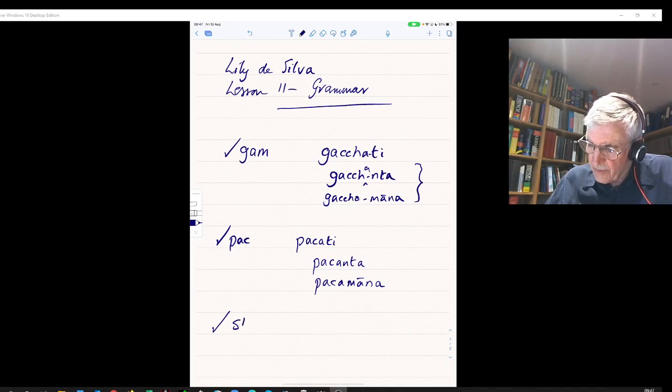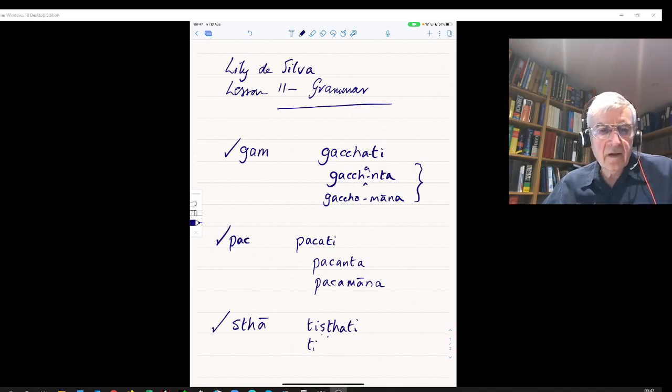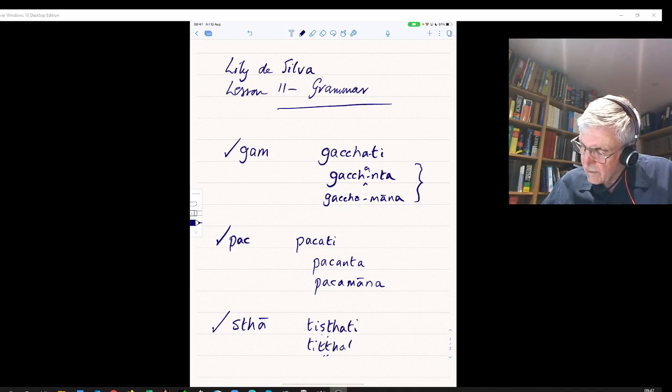Note now from the root sta, in Sanskrit we have tishthati, it's a reduplicating verb. In Pali it is titthati. So the present participle is going to be titthanta or titthamana.